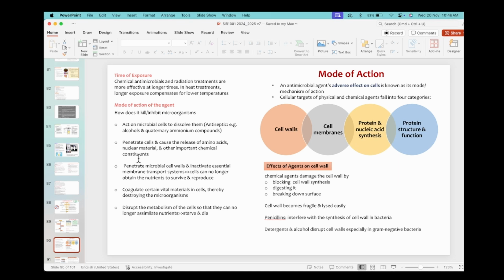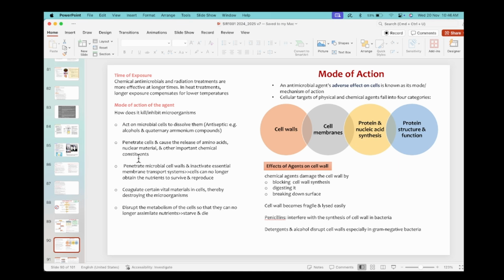So for cell wall, very famous, penicillin. Most famous example of an antimicrobial agent that interferes with bacterial cell wall synthesis, okay, is your penicillin.